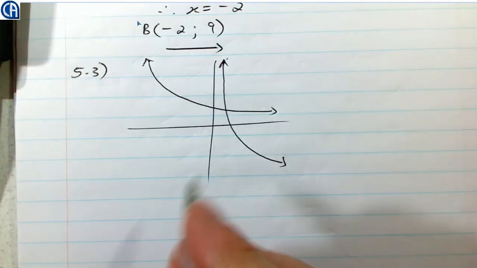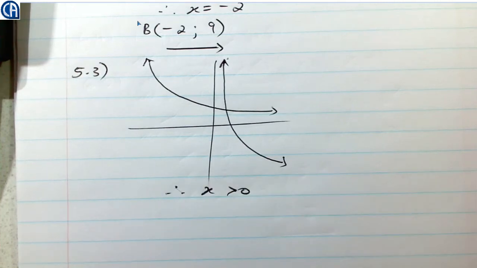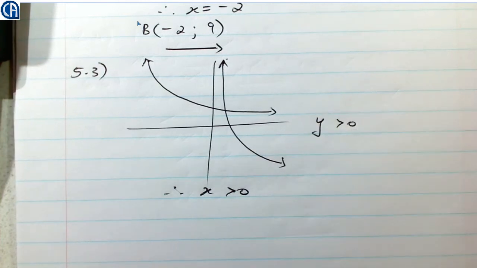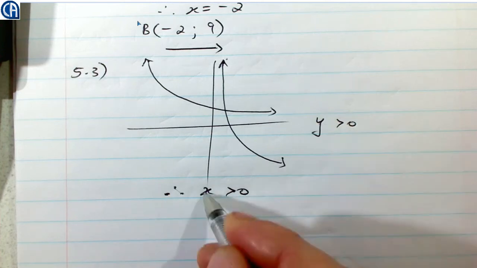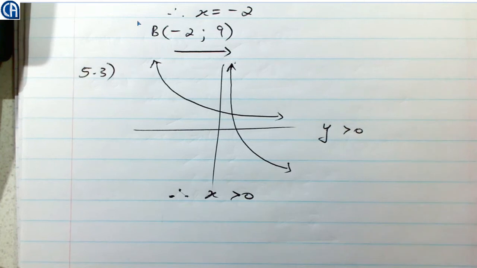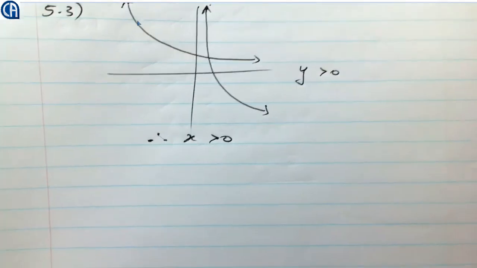So the domain, which is x, must be bigger than 0. If you look at the range of f, y is greater than 0. Obviously, when you work out the inverse of a function, x and y swap. So the range will become the domain, and the domain will become the range. Alright, so x is greater than 0.